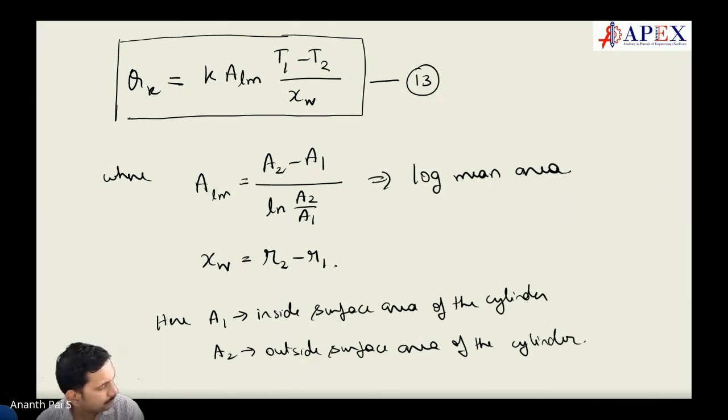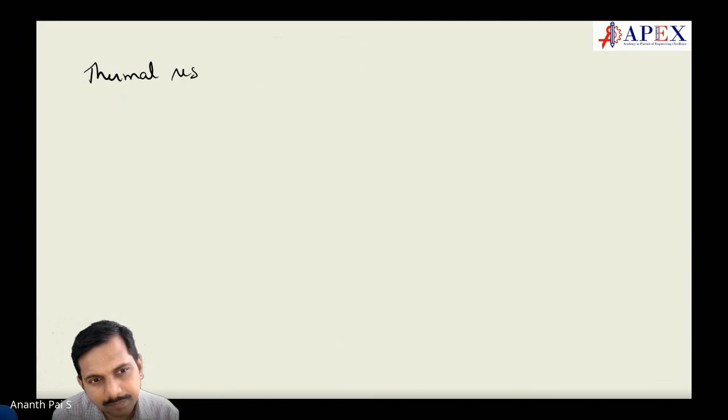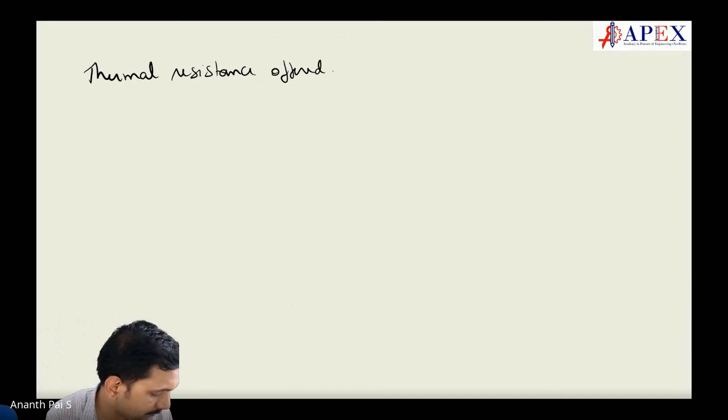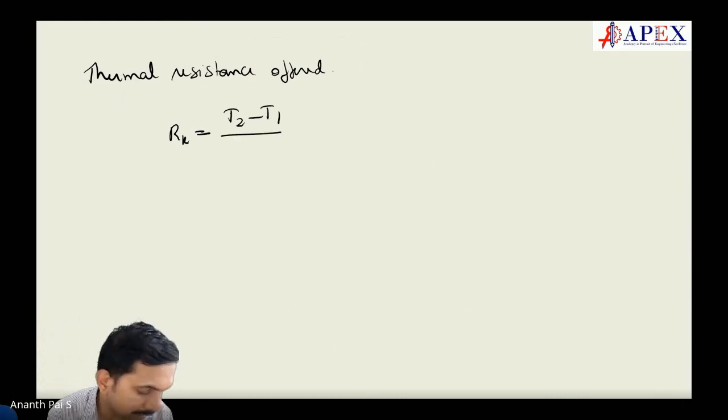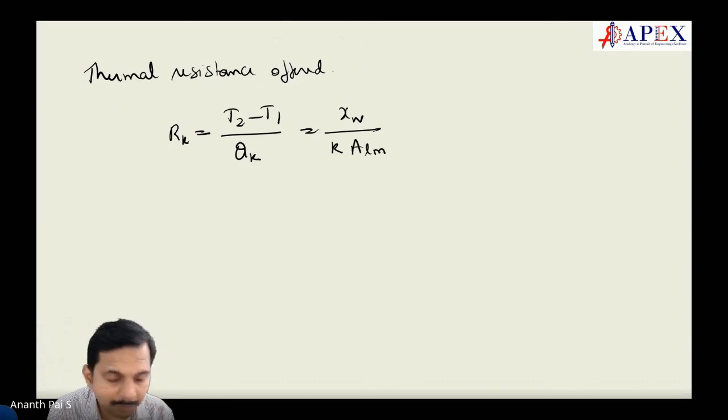And here, if you consider resistance to conduction, thermal resistance offered Rk is equal to T1 minus T2 divided by Qk, which is equal to Xw divided by K into A log mean.